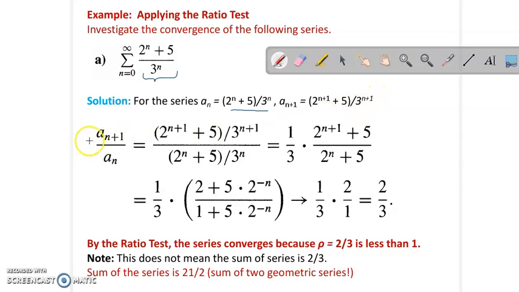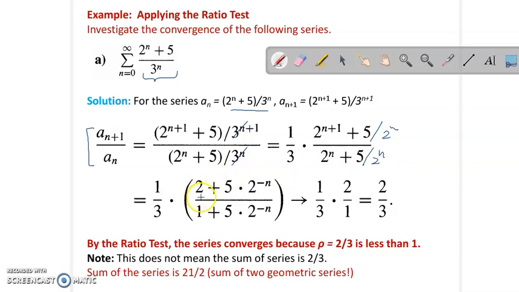Now you look at this ratio a_(n+1) by a_n. So this is a_(n+1) divided by a_n. So this term cancels out. We have 1 by 3 here coming from here. Then this term is as it is in the numerator and in the denominator. Now divide this whole thing by 2^n in numerator and denominator.